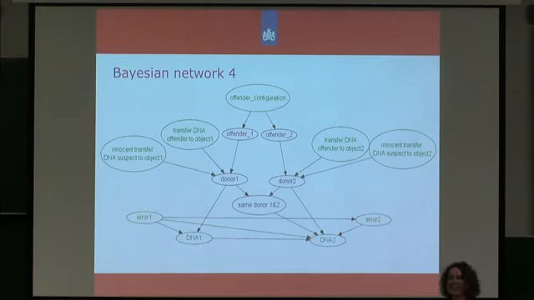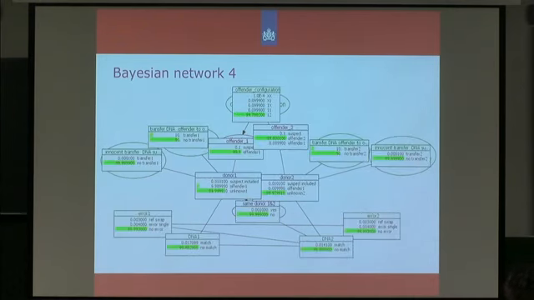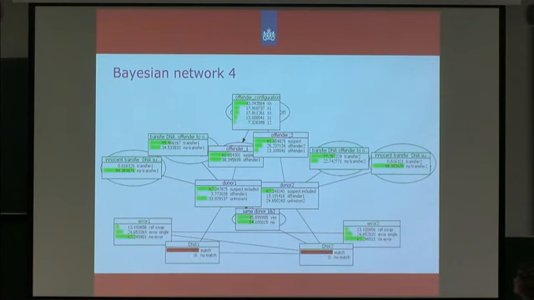This network is just exploring the issue of the error here. So if I have a reference swap, it will affect this DNA profile, but also this one. So now you can again play with it, instantiate the evidence, a match here and a match here, and you can look what it does to all the nodes.